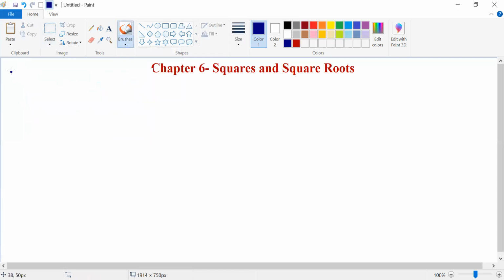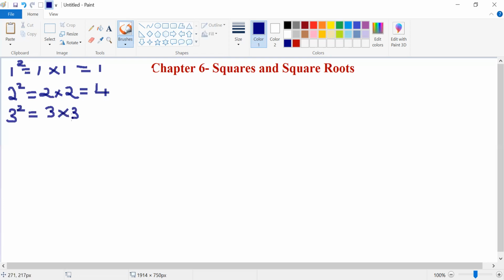So 1 square is equal to 1 into 1, which is equal to 1. 2 square is 2 into 2, which is equal to 4. 3 square equal to 3 into 3, that's 9. 4 square is 4 into 4, that is 16. Now 5 square is equal to 5 into 5, 25.